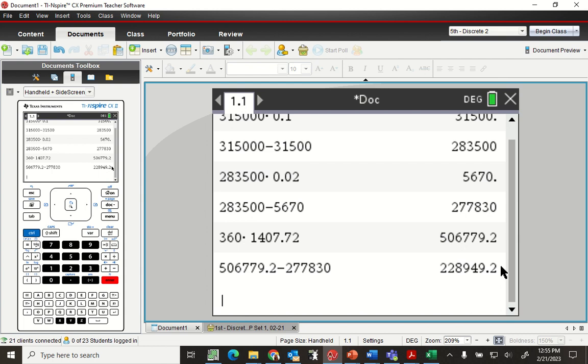That's interest only. If you think about it, if you loan someone $277,000, after 30 years, you made $228,000 just by loaning them money. So, banking, that's a good place to be. Okay, got to sell people money.